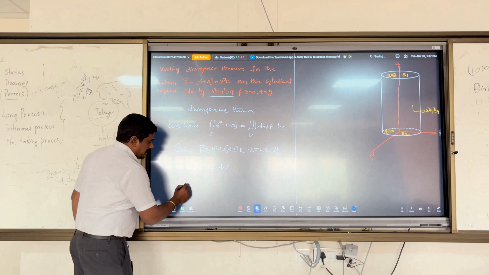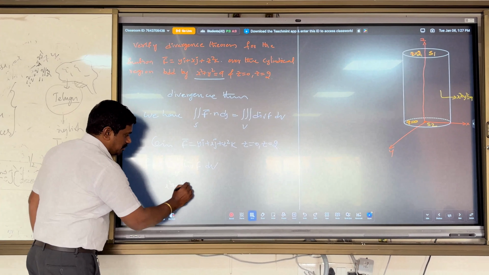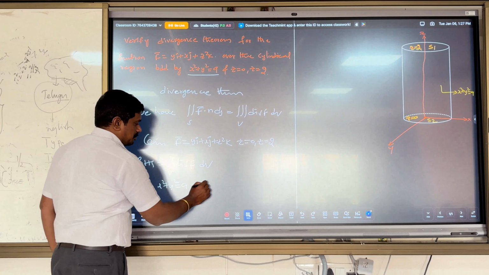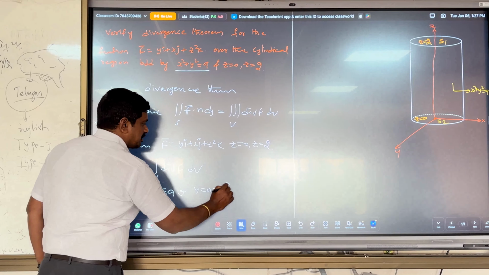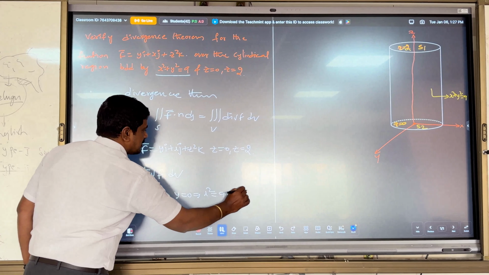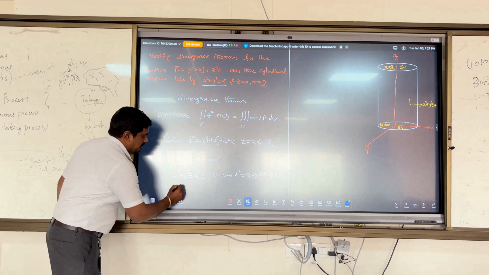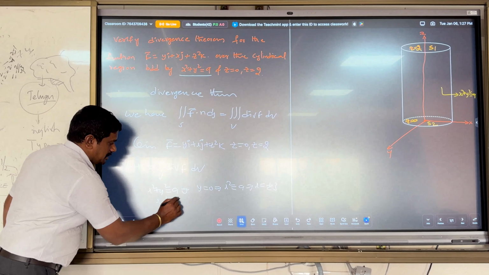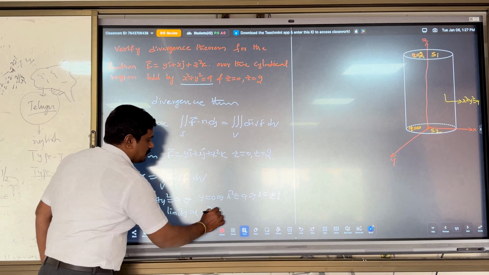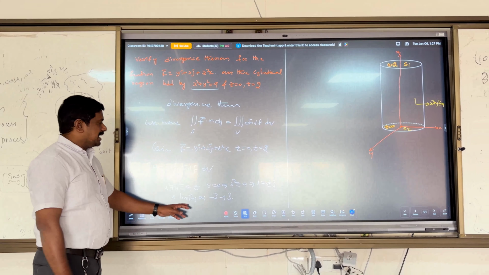So for x square plus y square equals 9, substitute y equals 0, then x square equals 9, so x equals plus or minus 3. Therefore the x limits are minus 3 to 3.